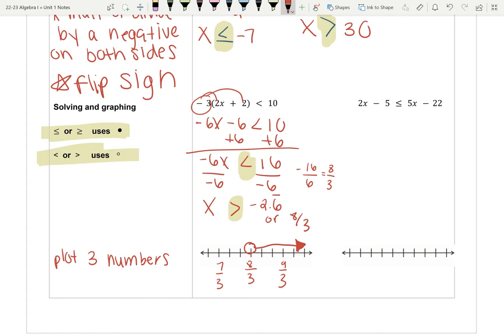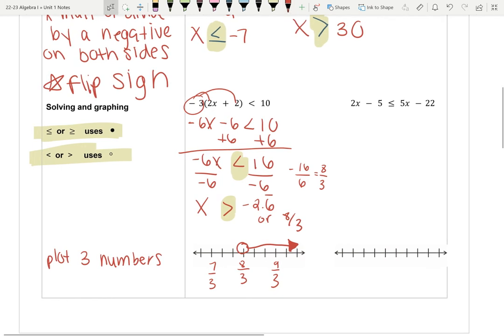Okay, let's try it again on the next one. So for this one, there's no distribution, so I'm just going to start by moving the terms over. So I'm going to start with subtracting the 2x. So that cancels, and I have negative 5 is less than or equal to 3x minus 22.